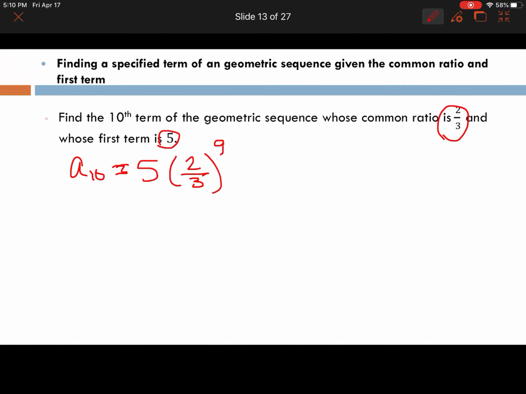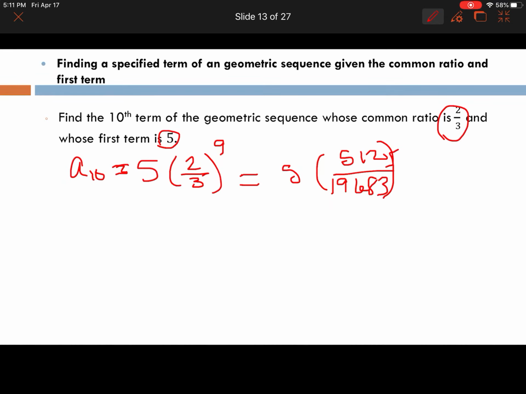All right, so see if we do 2 to the 9th. That is 512. And 3 to the 9th. That is 19,683.